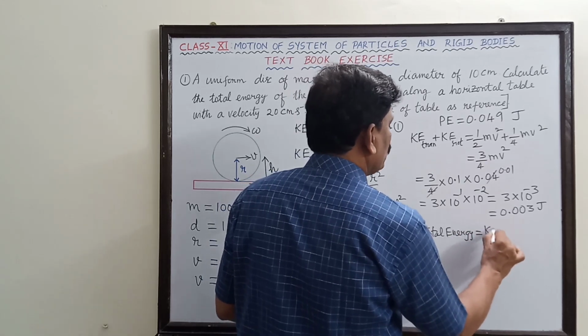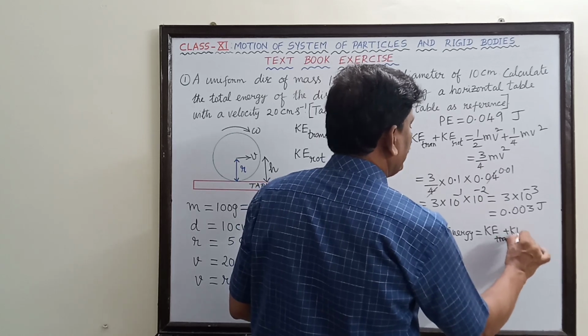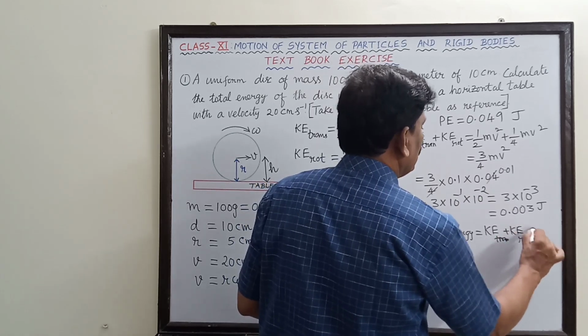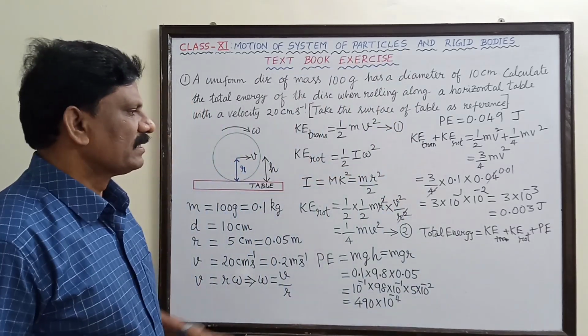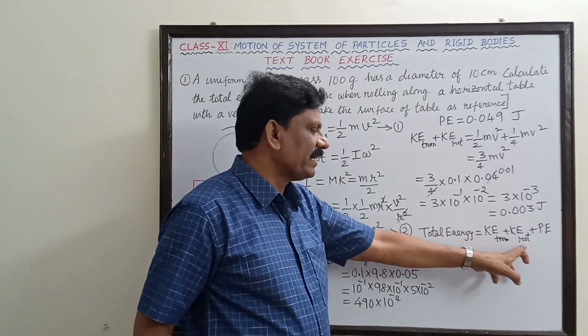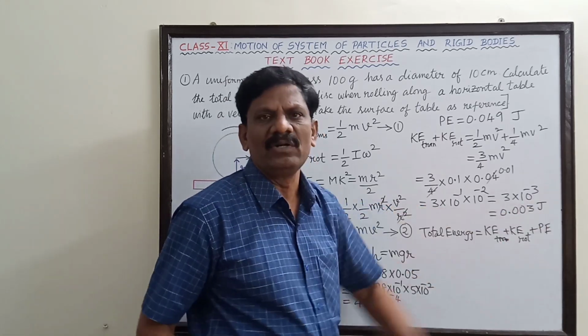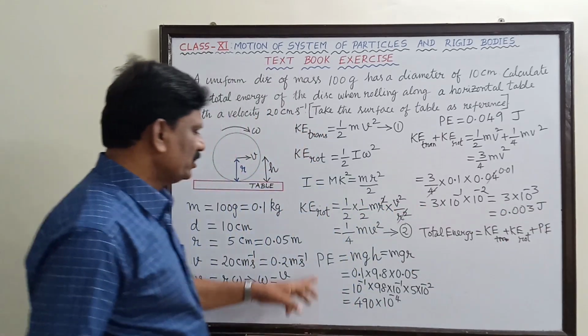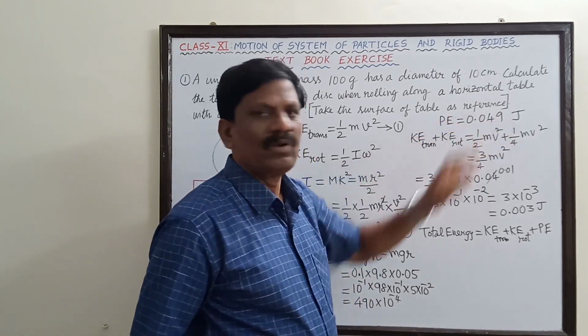So total energy is equal to kinetic energy translatory plus kinetic energy rotation plus potential energy. So the sum of the kinetic energy translation and rotation we have found, that is equal to how much? 0.003 joule. And potential energy we have calculated, 0.049 joule.